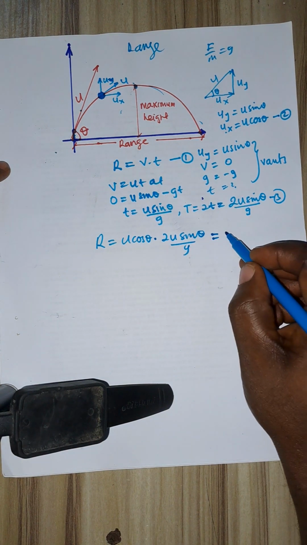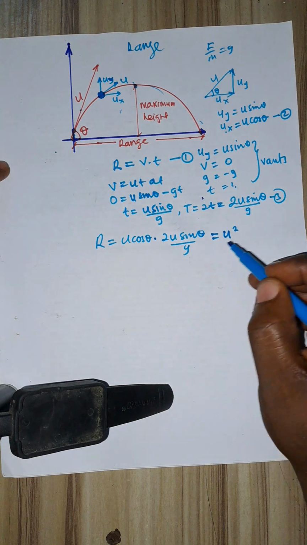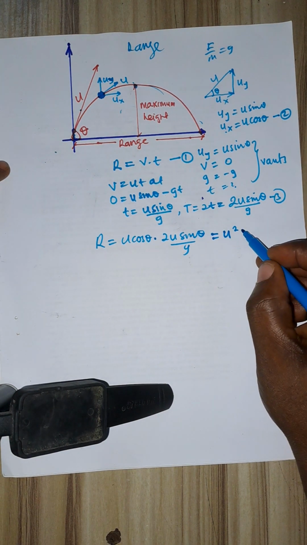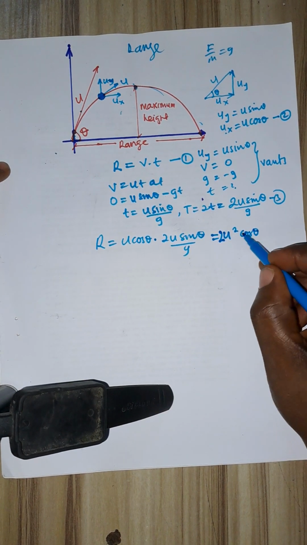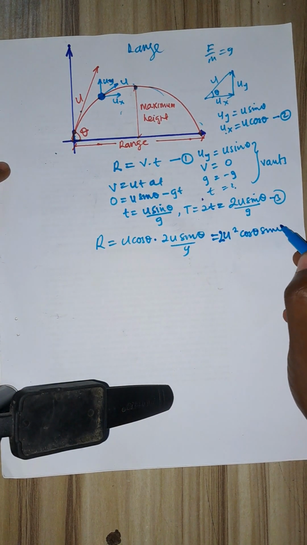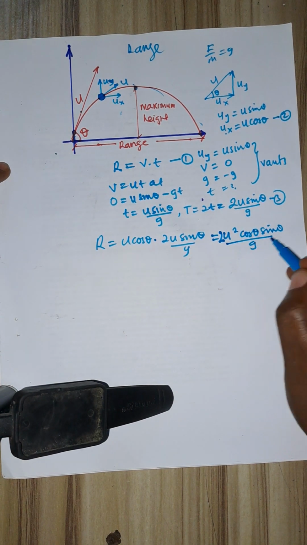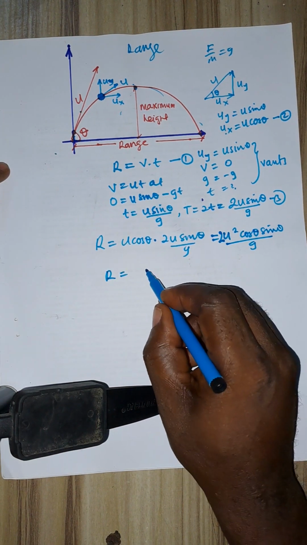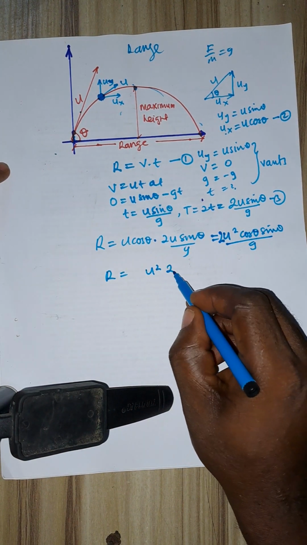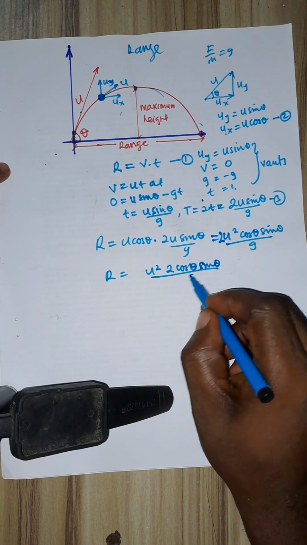That gives us 2u squared cosine theta sine theta all over g. We can write this as u squared times 2 cosine theta sine theta over g.